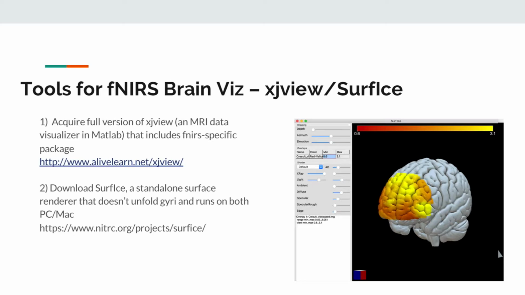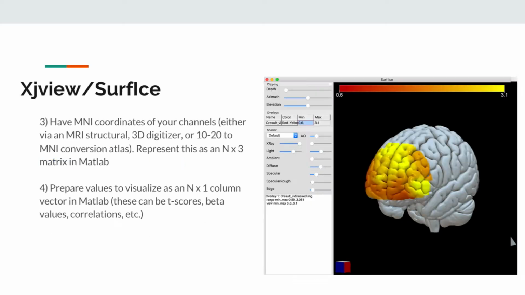It also runs on both a PC and a Mac, which is nice, since I am using a Mac right now. And there's another URL for downloading that. Once you have those two software packages downloaded, you need to have your MNI coordinates ready for each of your channels, again, either through a structural MRI, a 3D digitizer, or the 10-20 to MNI conversion atlas.